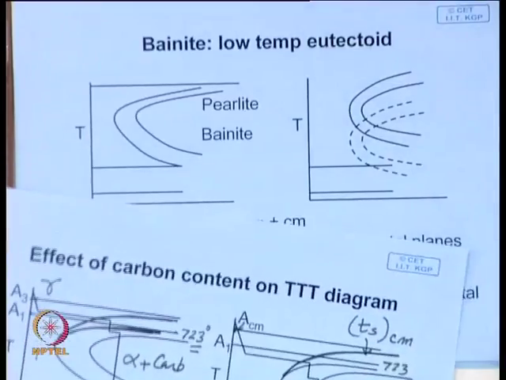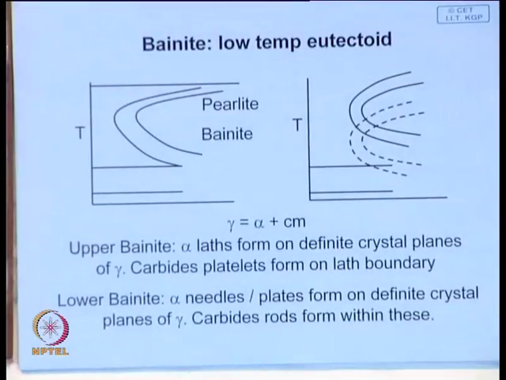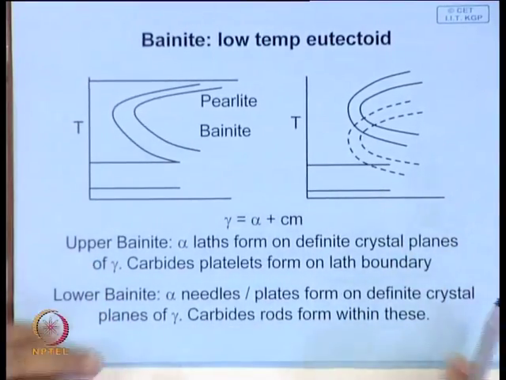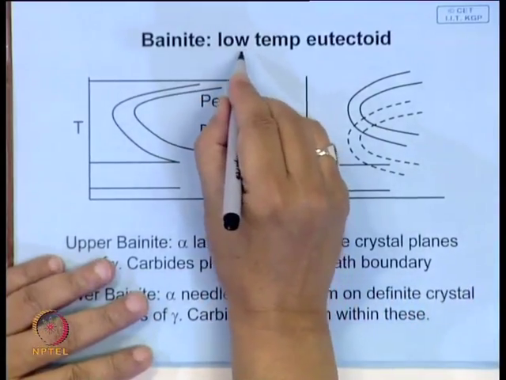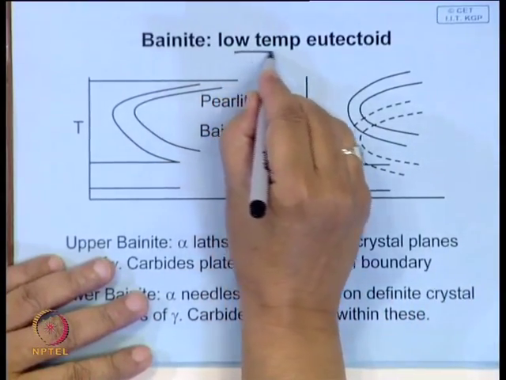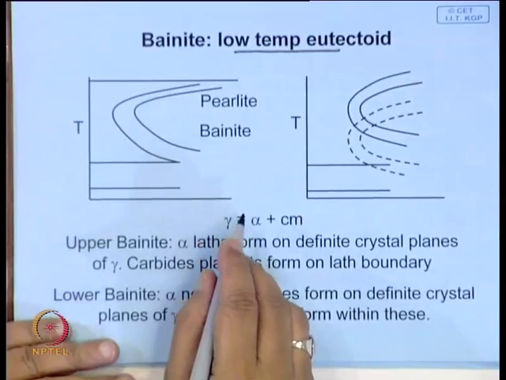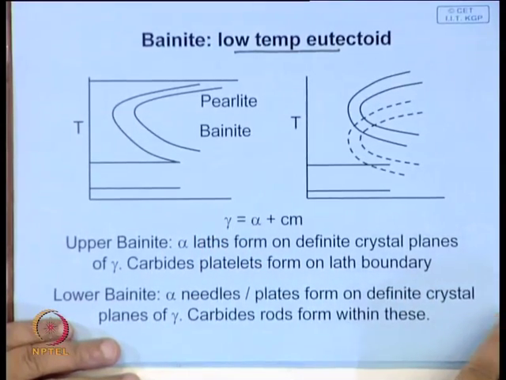Now, we talked about bainite, and bainite is also a eutectoid product. This is a low temperature eutectoid product. When your undercooling is very large, diffusivity decreases significantly.